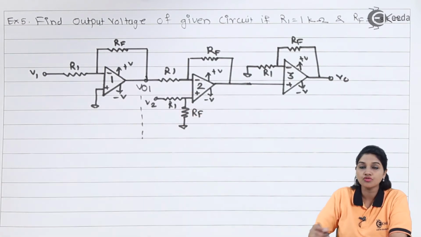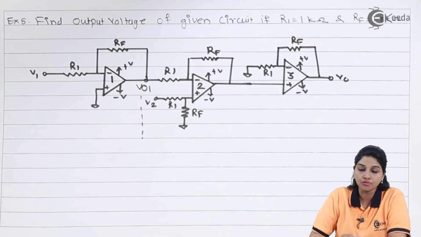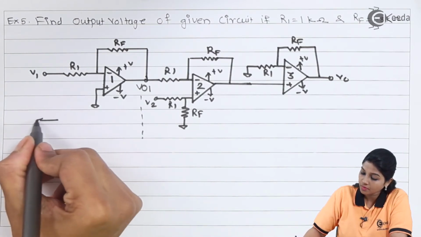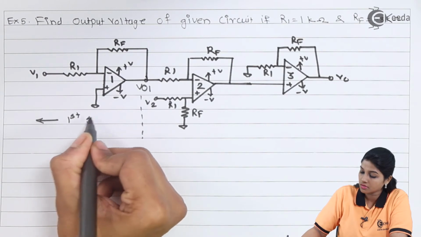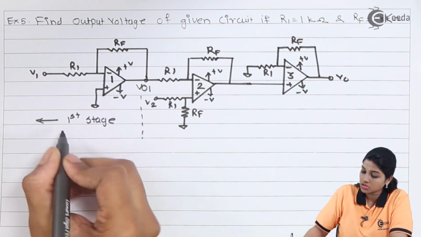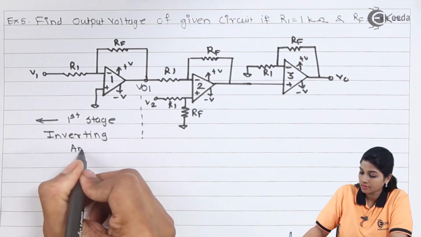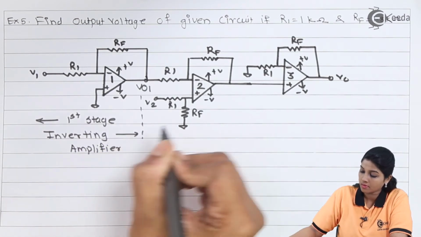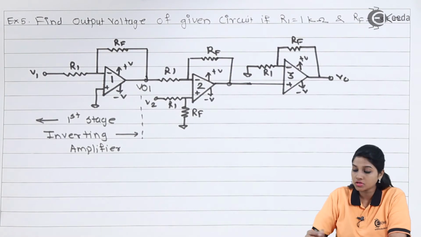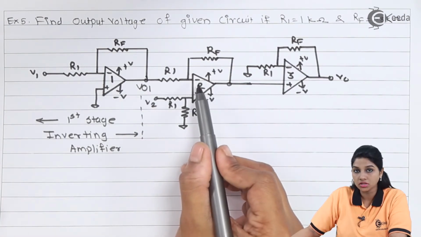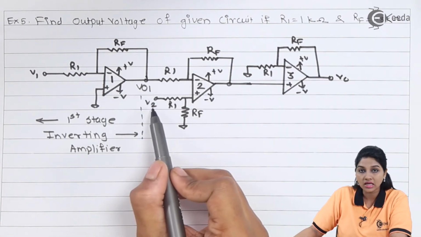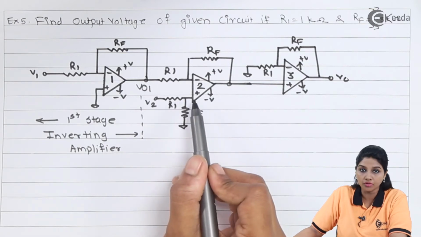So till stage VO1, the circuit is similar to inverting amplifier. So this is first stage, which is nothing but inverting amplifier stage. The output of first stage is applied again to the inverting terminal, and we have second input V2 applied to the non-inverting terminal.